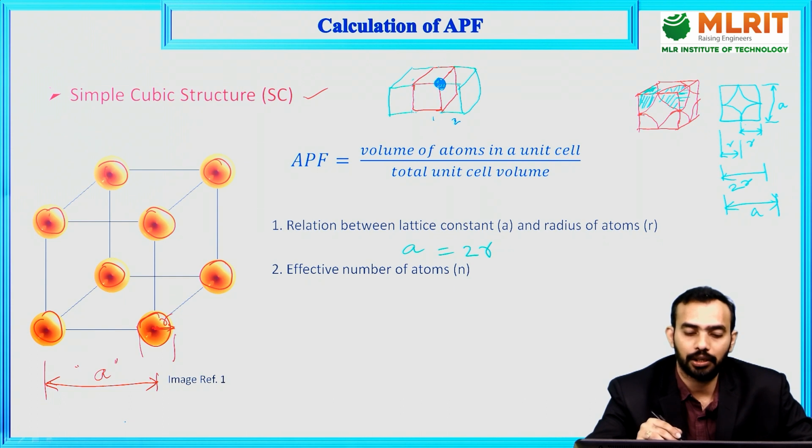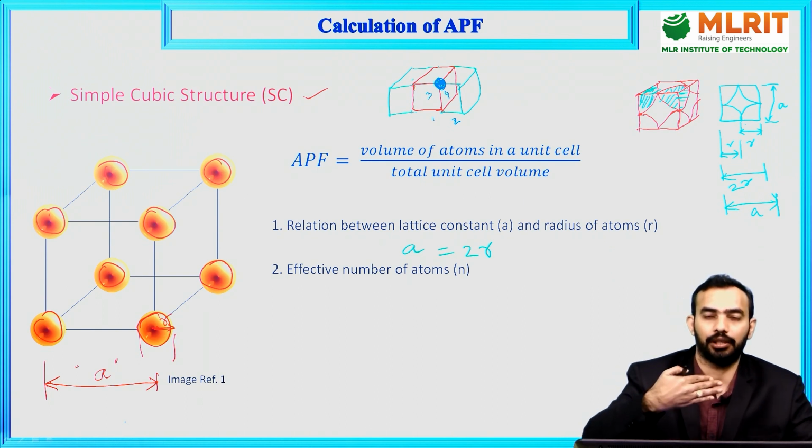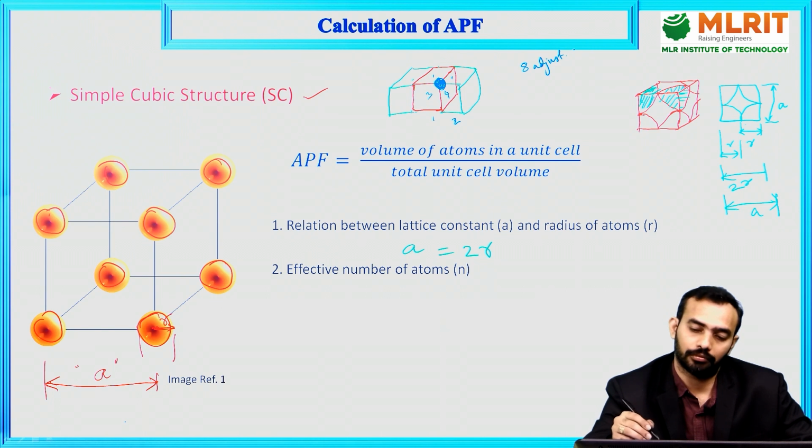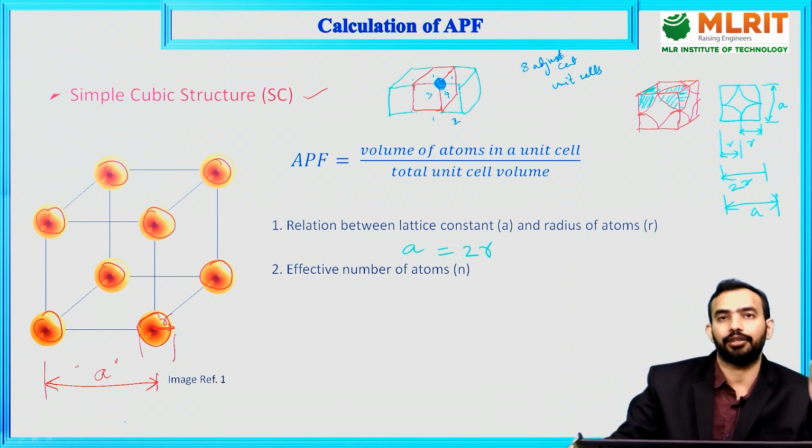Similarly, at the front I'll have two more, 2, 3 and 4, just in front of this unit cell, and similarly on the top I'll have two more, like this. Each atom is shared with 8 adjacent unit cells.